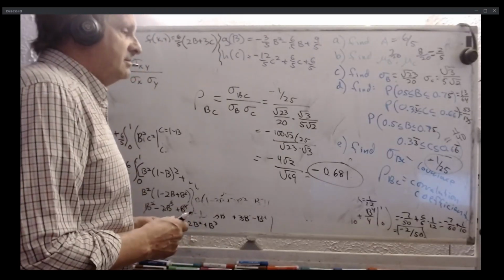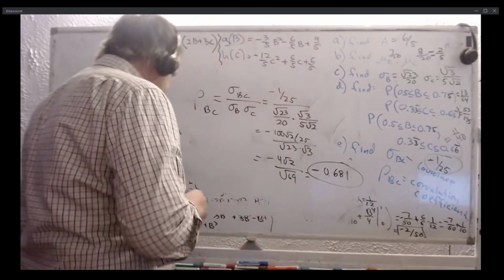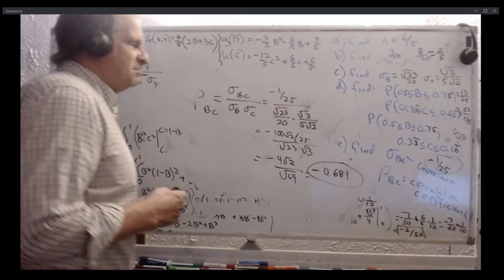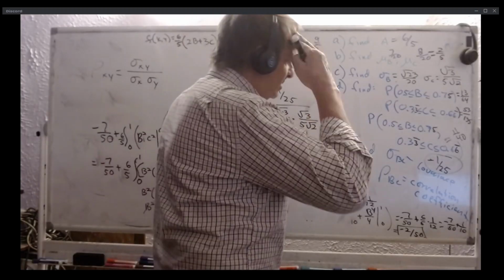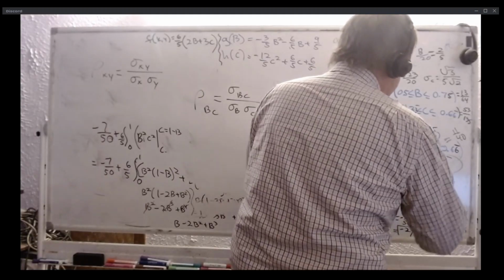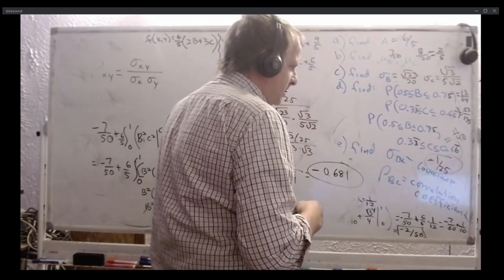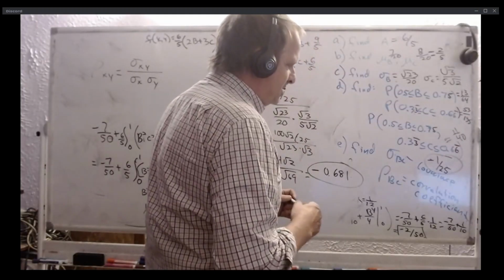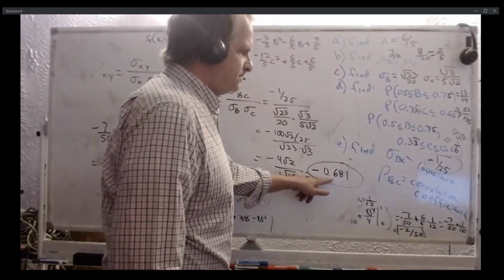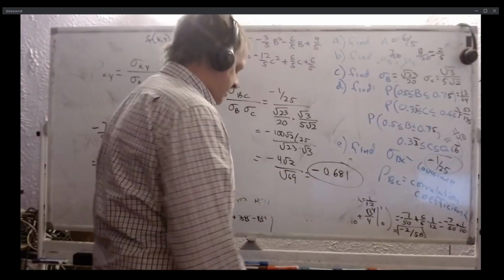Okay. I hope that makes a little bit more sense, because we thought this was a kind of weak relationship, might be weak to moderate, I guess. But it turns out that it's a little bit stronger than we thought. It's actually moderate.